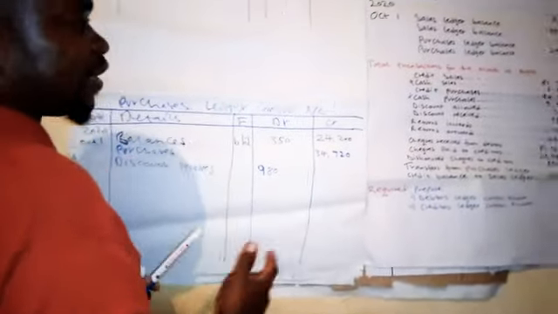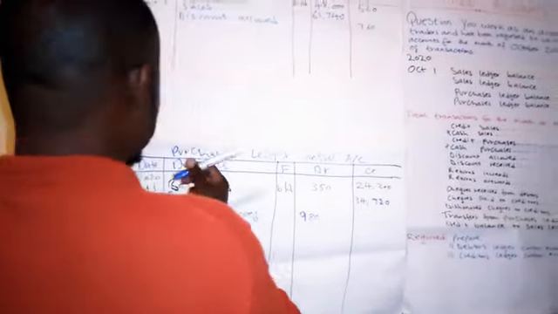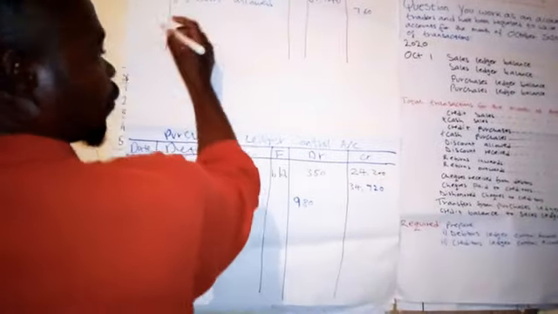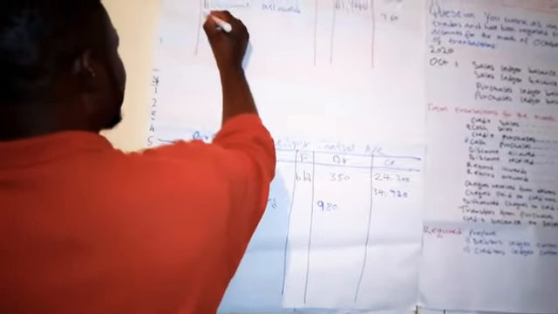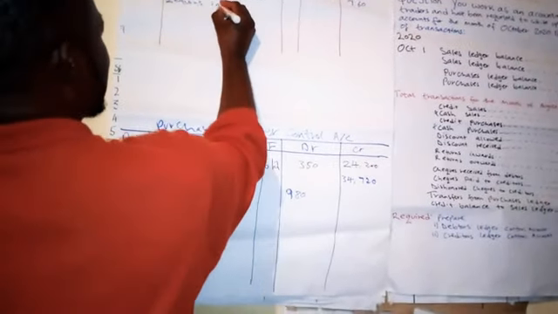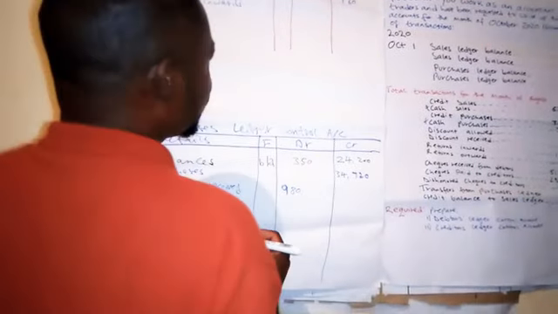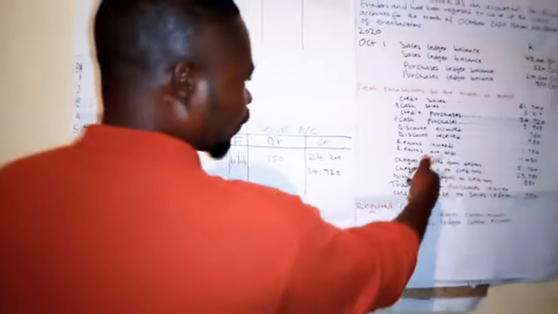All right. From there, we have returns inwards. Returns inwards affects the sales ledger control account. Okay, so you write returns inwards. Returns inwards to be recorded on the credit side. It is 1,750.